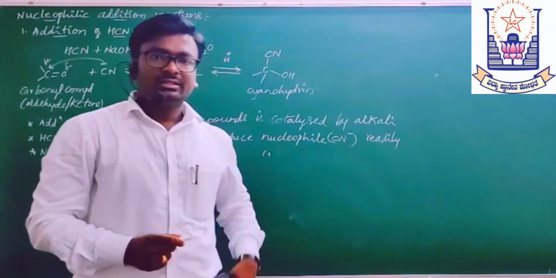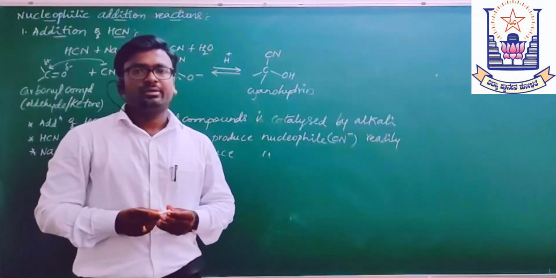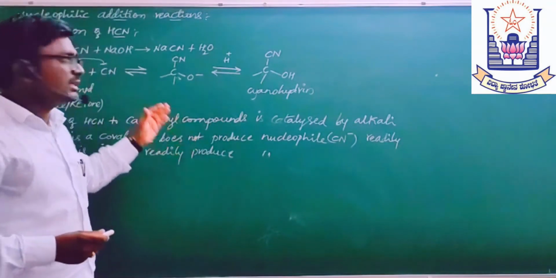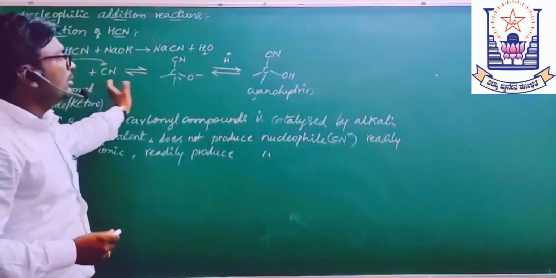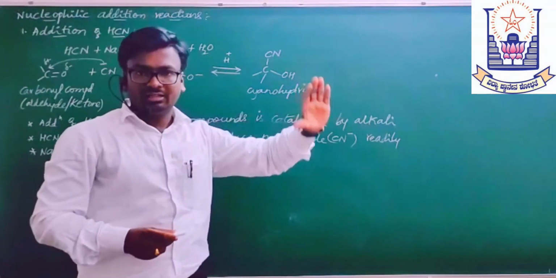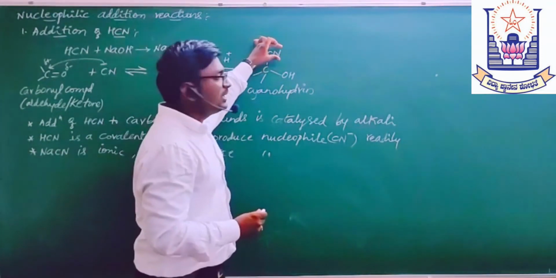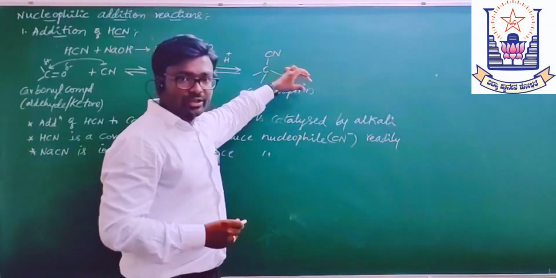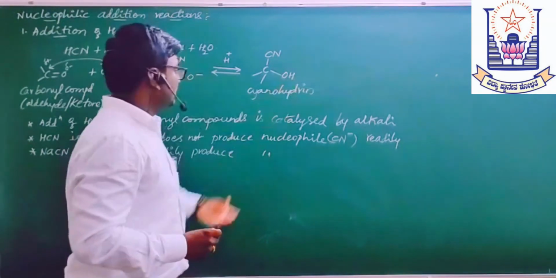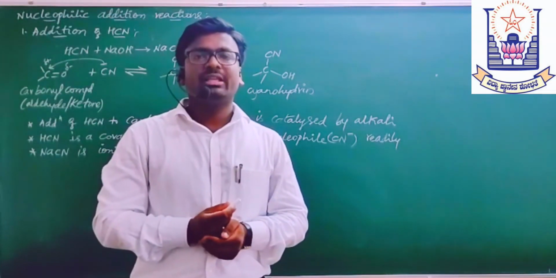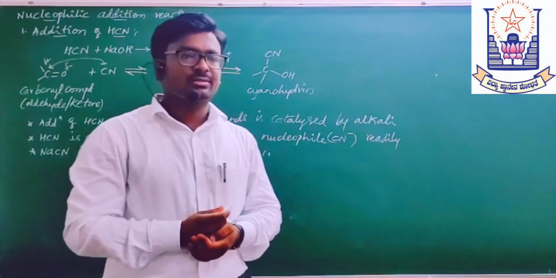This you need to remember. So this is all about the addition of hydrogen cyanide to the carbonyl compounds, which gives a class of compounds called cyanohydrins, meaning there will be a cyanide group and an OH group here.